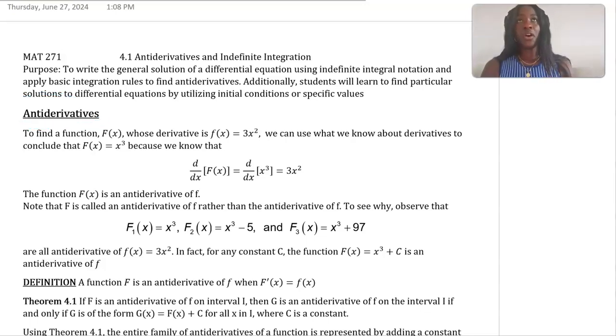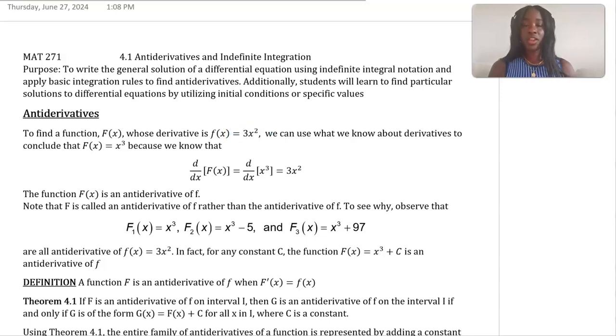So let's start off and no longer think about taking derivatives, think about going in the opposite direction. This time we want to find a function that I'm going to call capital F, so that the derivative of that function would be 3x squared.